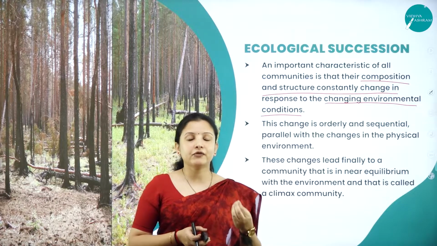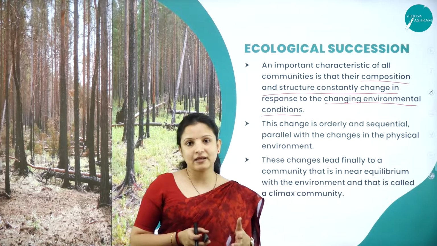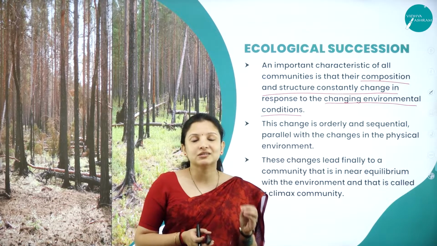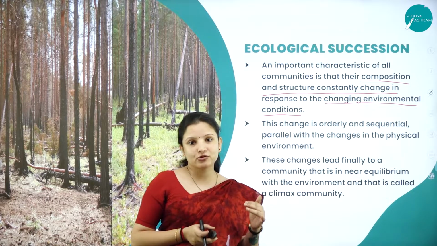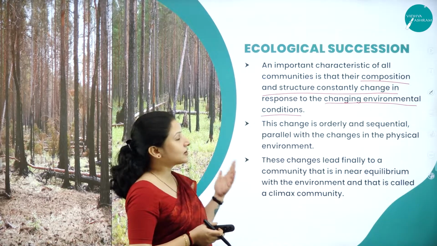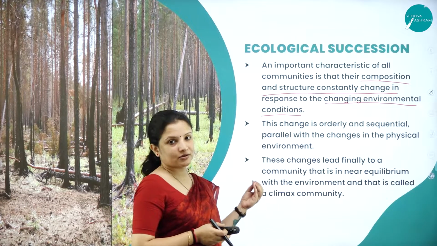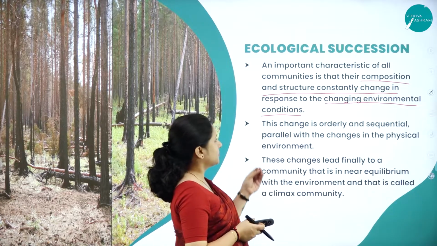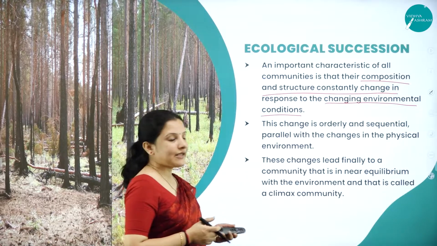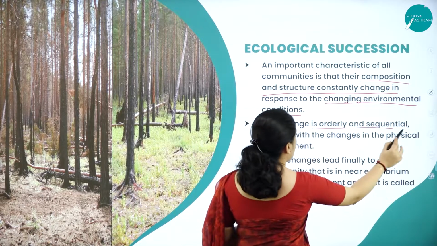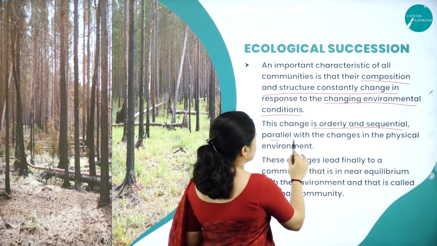So each and every organism living on this planet tends to change. We are not stagnant. Everything tends to change as the years pass. That is nothing but ecological succession. That is one of the important characteristics of living organisms. This change is orderly and sequential, parallel with changes in the physical environment.